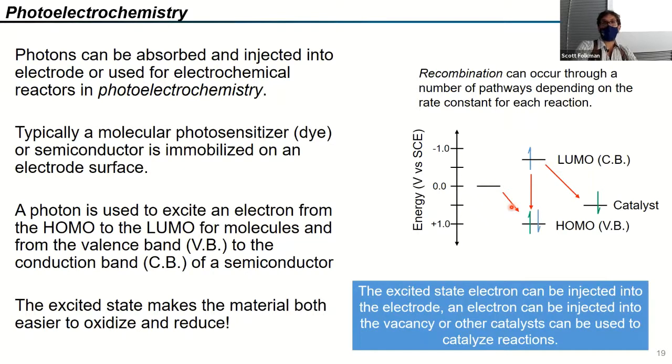So when designing a system, these are things to consider, because you want your electrons to flow one way, and although the thermodynamics may be on our side, we have to consider the kinetics. And oftentimes the kinetics are related to physical proximity. If the excited state electron is very close to the electrode, it's a lot more likely to successfully transfer into that electrode.